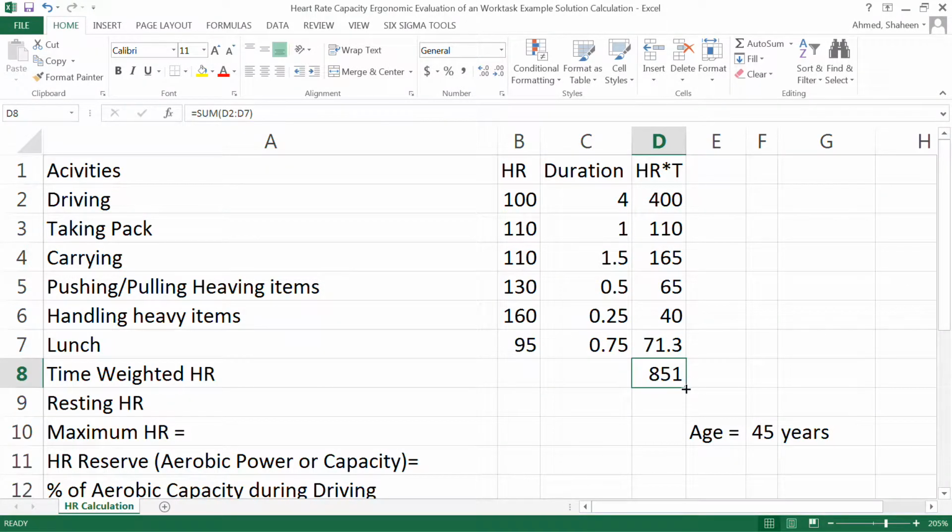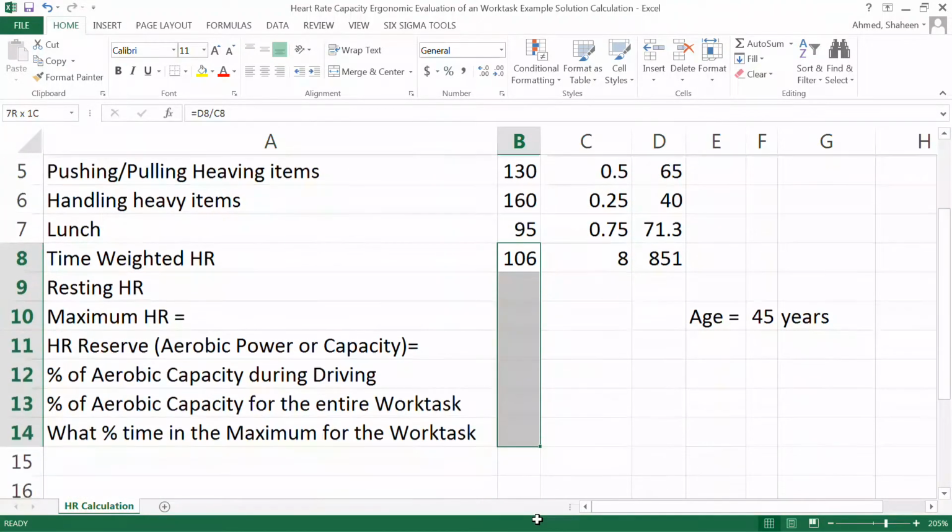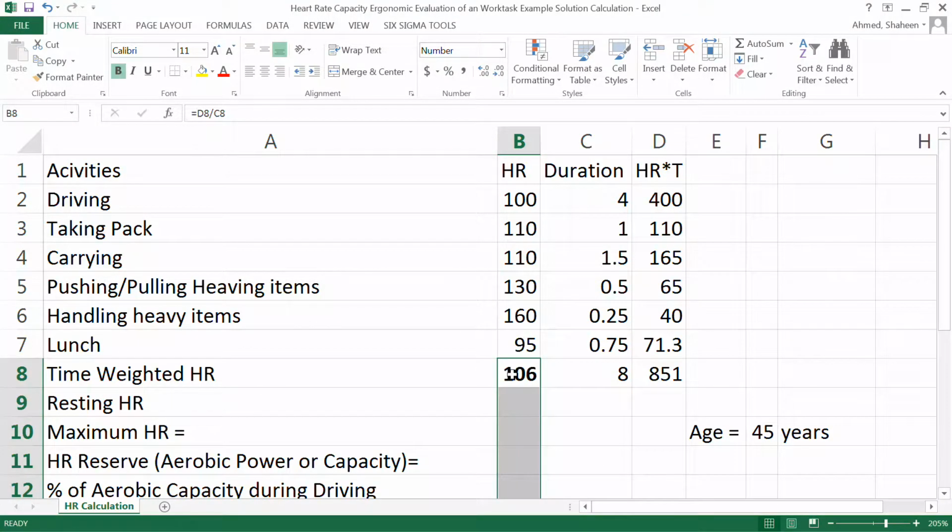So 106 is the time weighted value for that person. Let me bold all of these cells, so I can just see the calculated value.